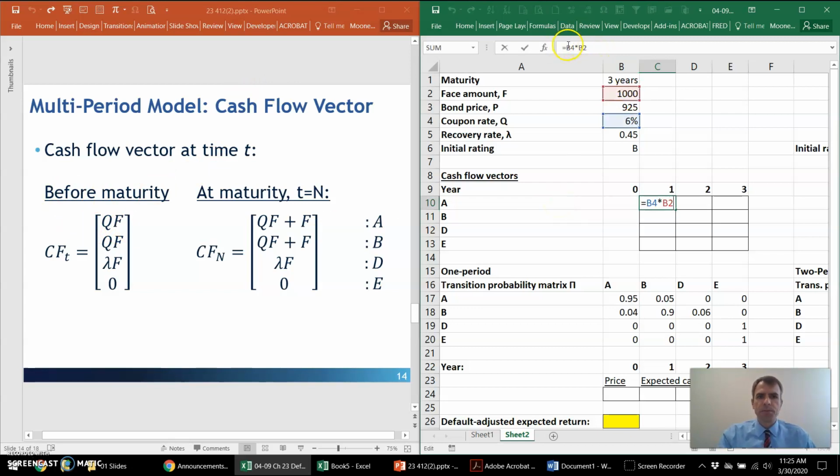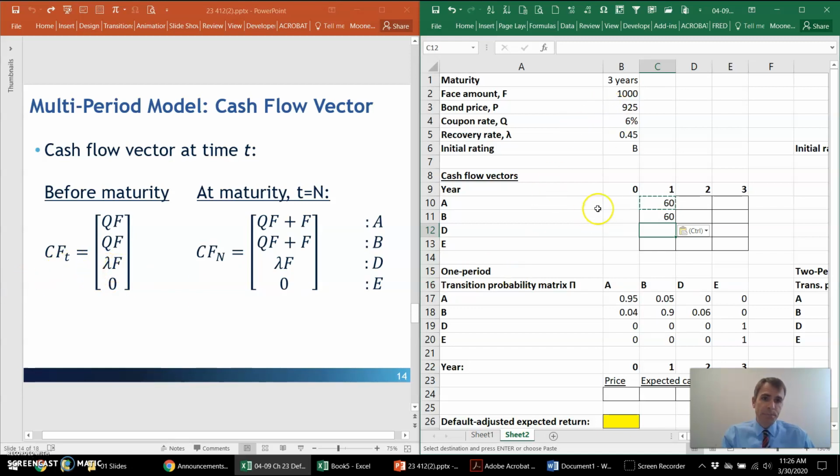And actually, let me make these absolute cell references because we're going to copy and paste this formula down. So a bond with a B rating in year 1 would also pay a coupon of $60. And then if a bond defaults in year 1, and we'll work with the transition probability matrix to evaluate that probability, a bond defaulting in year 1 would just pay the recovery amount, remember, which is a function of the recovery rate, lambda, and the face amount.